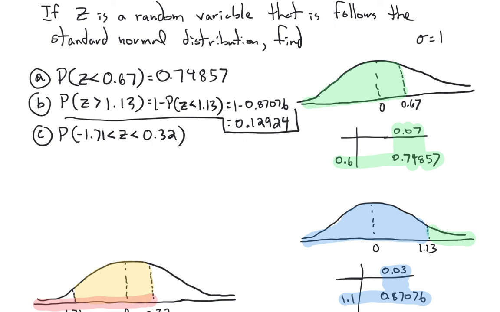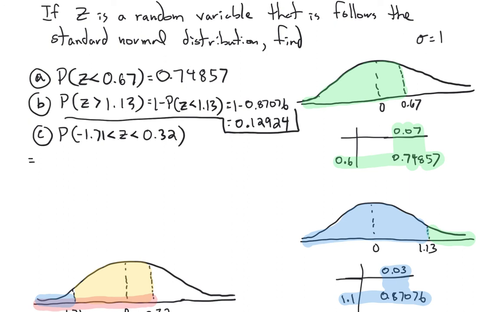If we subtract that off, we're left with just the area in yellow that we're looking for, this area here. So that's what we're going to do. We're going to figure out the area to the left of 0.32 and subtract off the area to the left of negative 1.71. And again, drawing the diagram really helps us here.